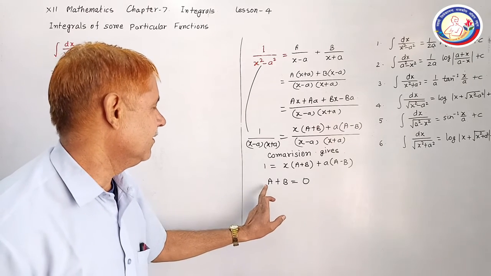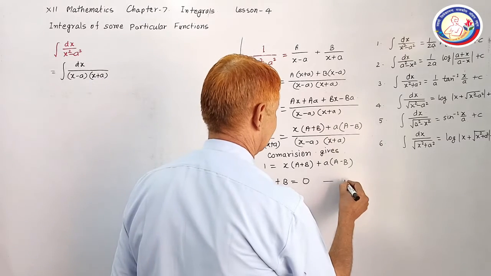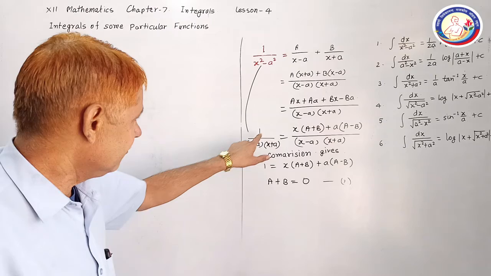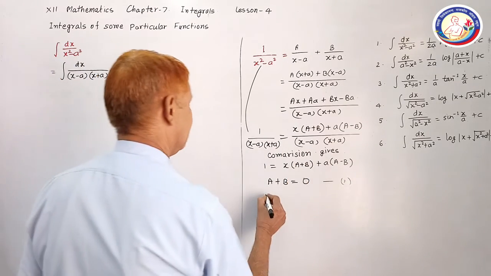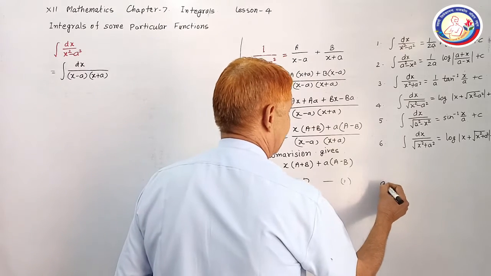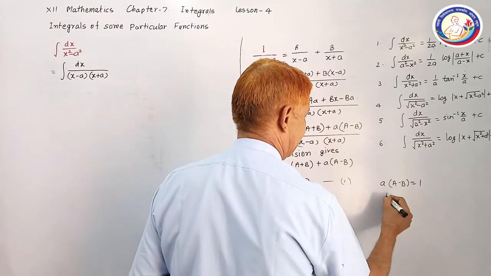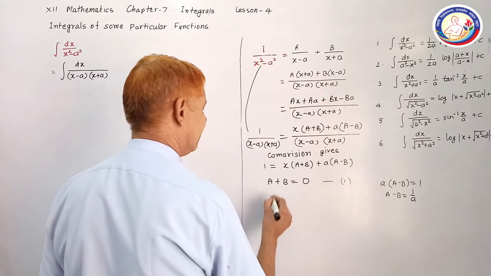So A plus B equal to 0 is the first equation. Then a into A minus B is equal to 1. So A minus B will be equal to 1 by a. This will be the second equation.